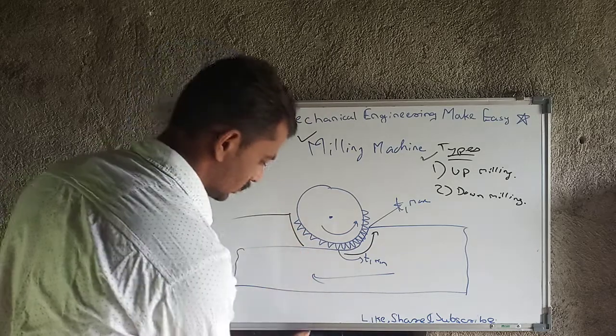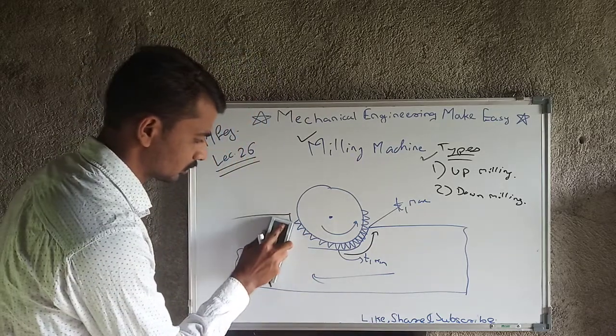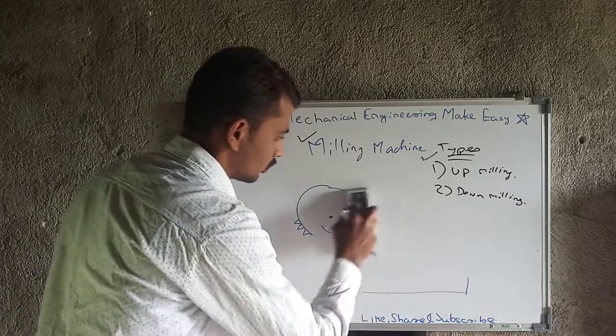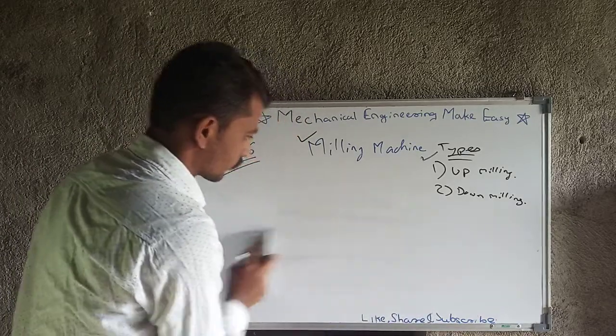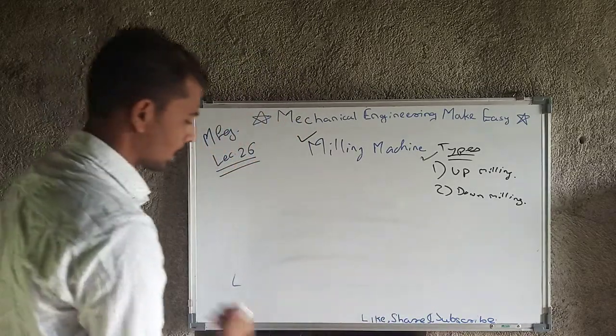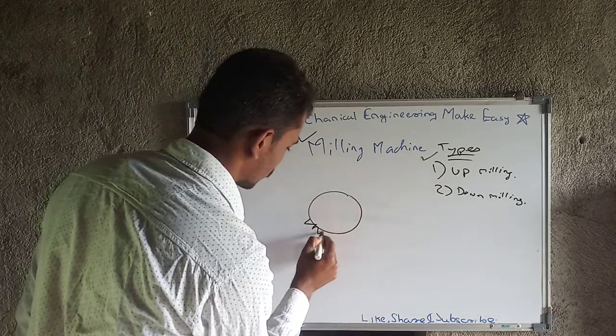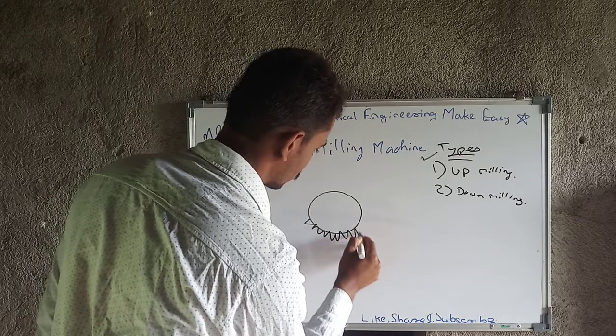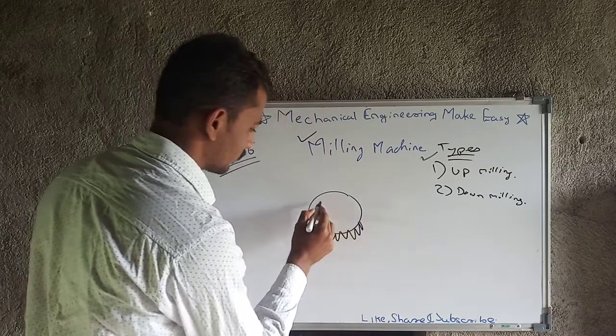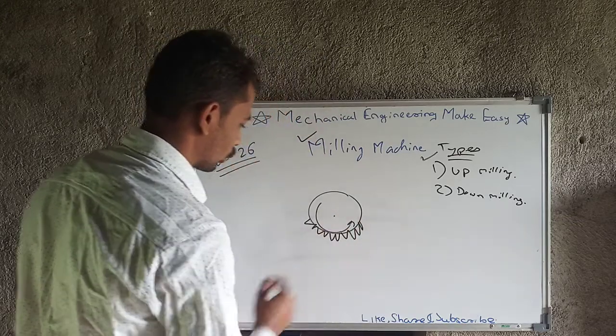For example, I will draw a figure of how down milling happens. For example, this is the cutter, the cutter tooth, and it is revolving in counterclockwise direction.